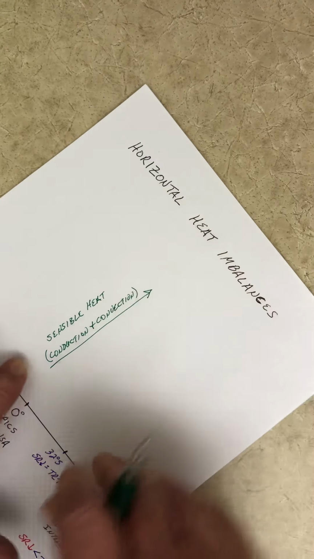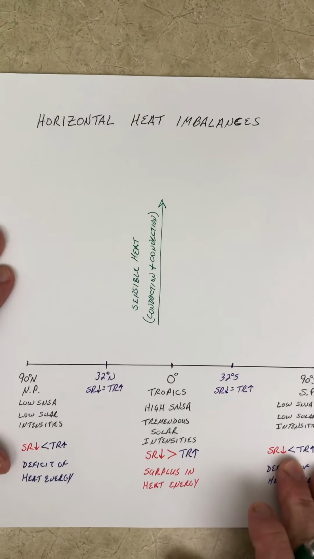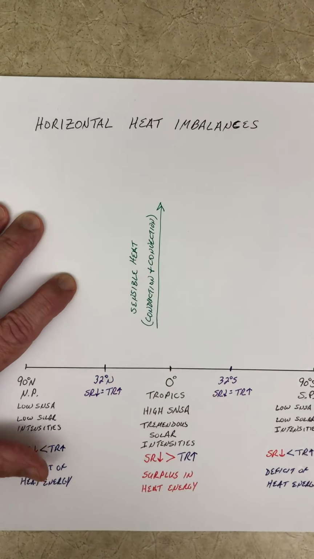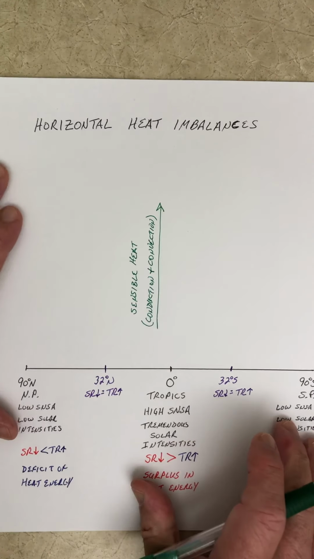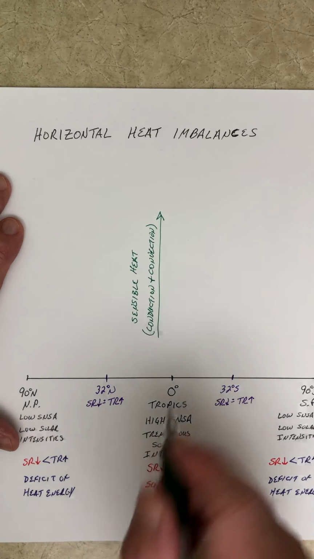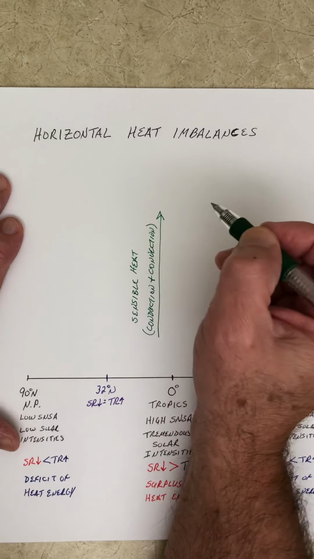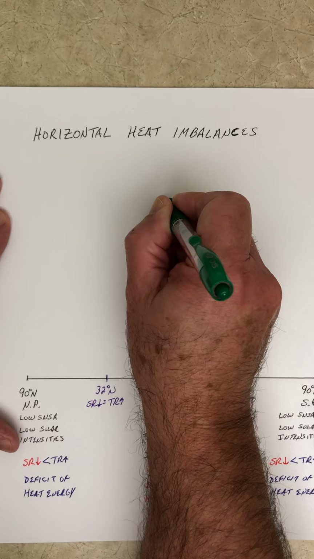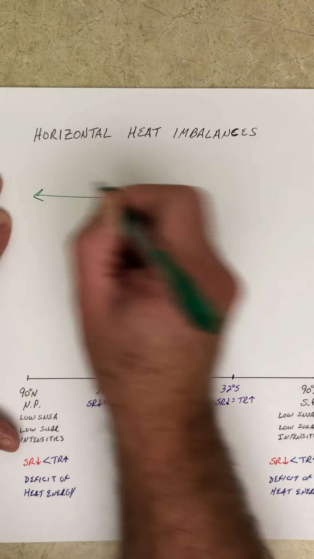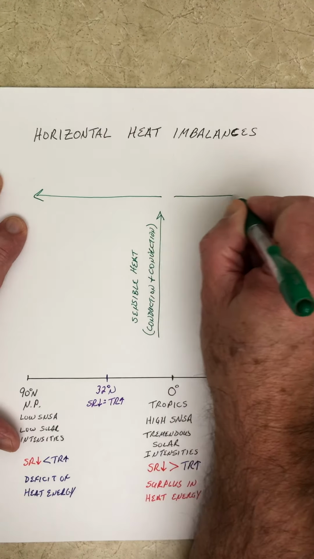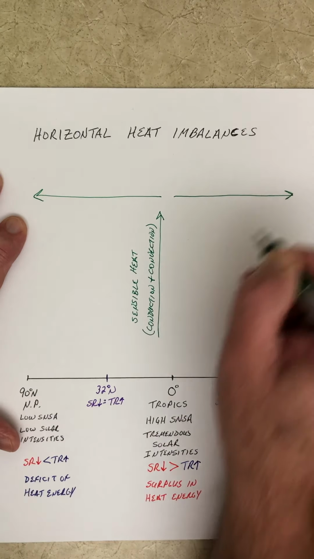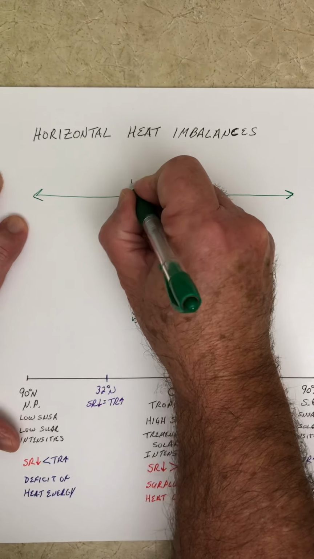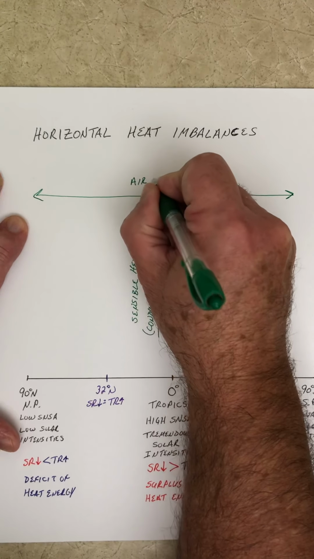Sensible heat in the vertical is moved through conduction and convection up into the atmosphere, and then once in the atmosphere, the sensible heat is going to be moved through something we call air mass exchange. Basically, it's high pressures. High pressures are moving warm air from the tropics to the poles and cold air from the poles to the tropics. This is what we call air mass exchange.